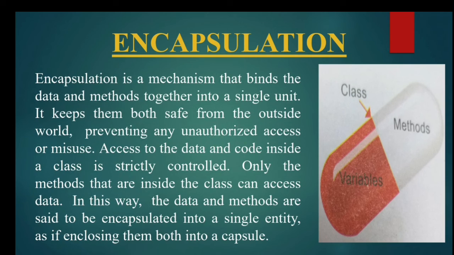These two are strictly bound in a class, and there is no unauthorized access or misuse of these data members. These data members, means variables, can only be used by the methods. Outside the class, there is no permission to use these data members.